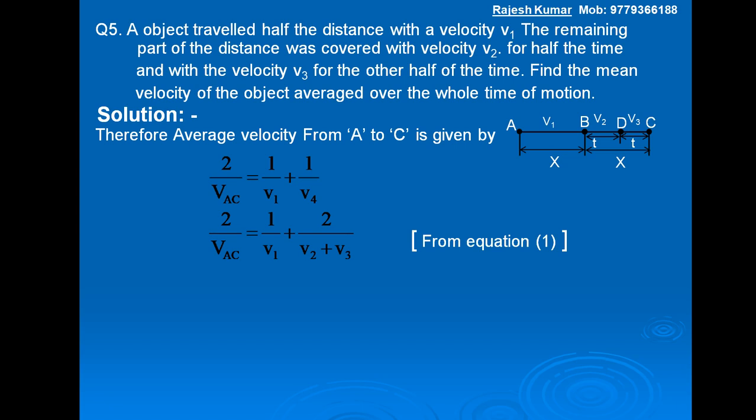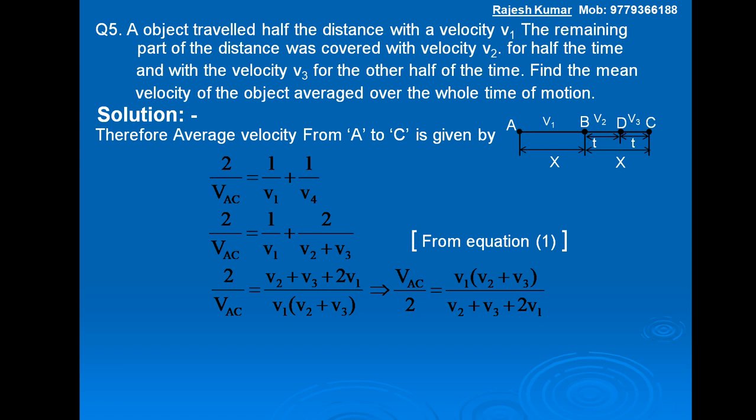Now taking LCM on the right hand side, we get 2 upon VAC is equal to, LCM is V1 into V2 plus V3 within the bracket, and numerator is V2 plus V3 plus 2V1.